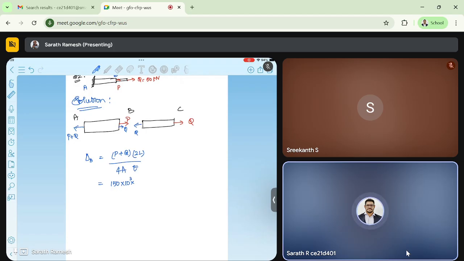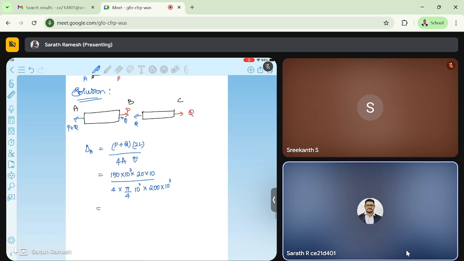So it will be 20 centimeter, I am converting into mm. 1 centimeter is 10 mm, divided by 4 times area, which is pi by 4 into d square. D is 10 mm, so 10 square, into Young's modulus given as 200 gigapascal, so 200 into 10 power 3. Let's cancel to find the final value. 4 cancels, 10 power 3 cancels, 200 cancels.